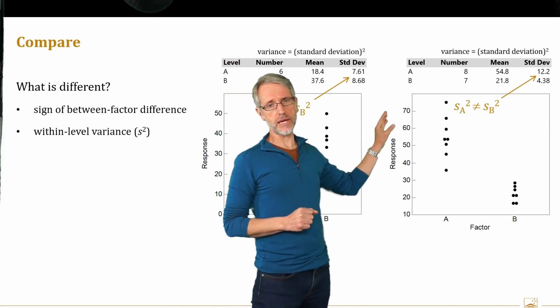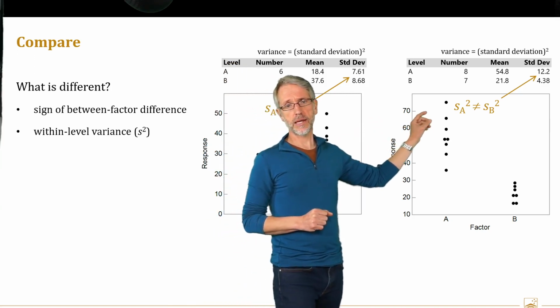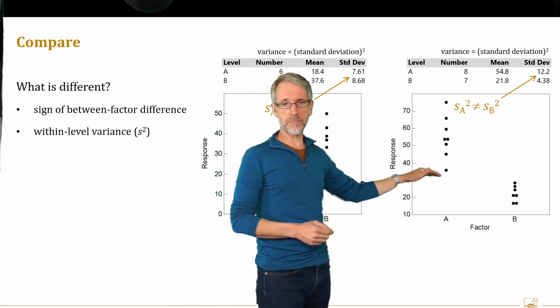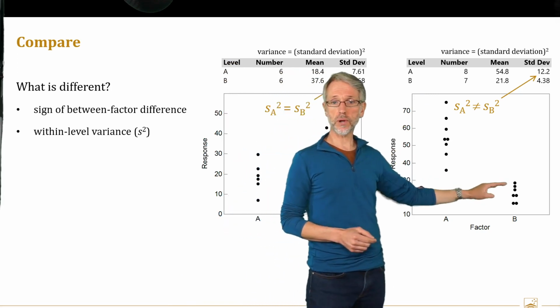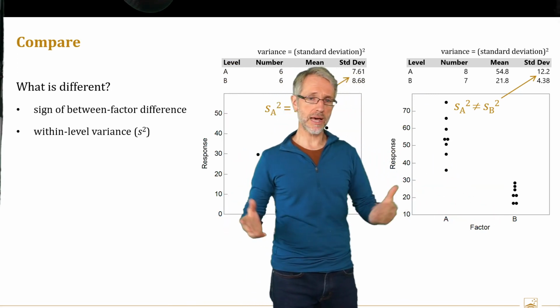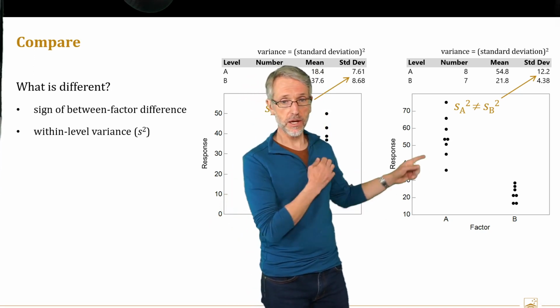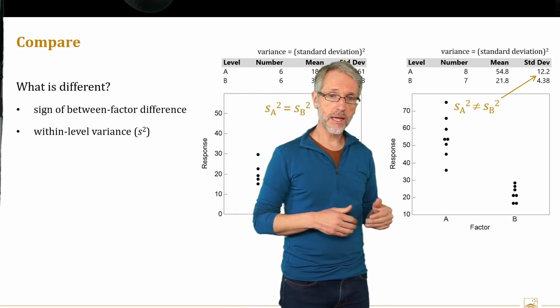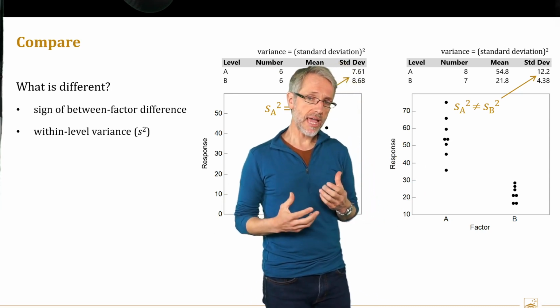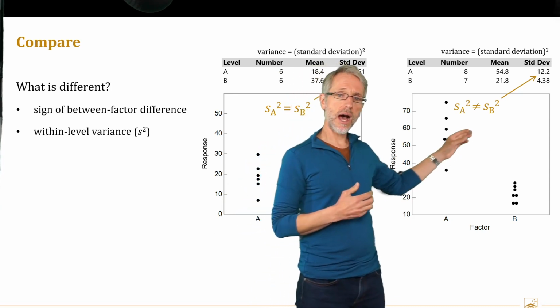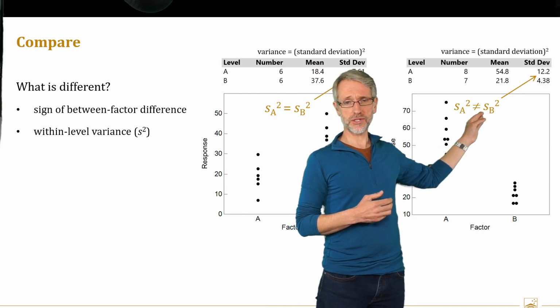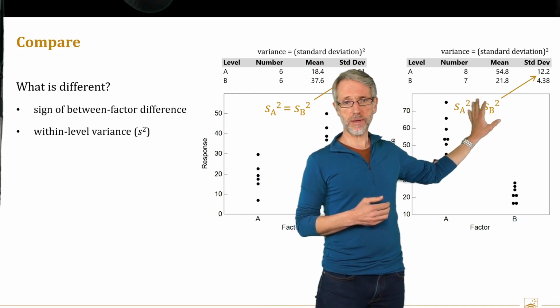Whereas over here in the second panel, this much larger spread in A relative to B means that we can't make that same statement about the variances of A and B in the second panel. So the variance of A and B are not equal, or we can't assume them to be equal in this panel.